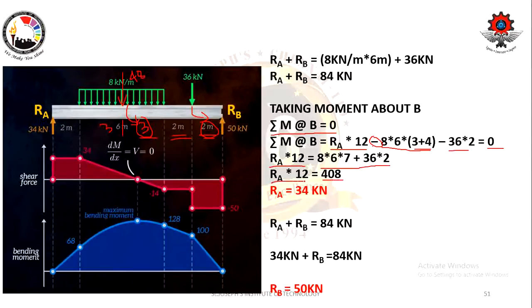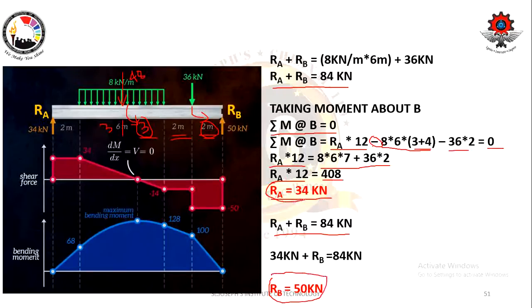RA into 12, 408 divided by 12 will give you 34. Now RA is equal to 34 kilonewton, right? Next, we already know RA plus RB is equal to 84 kilonewton from here. Already we have found out. Now substitute this 34 here. So 34 kilonewton plus RB is equal to 84 kilonewton, and we get RB is equal to 50 kilonewton.